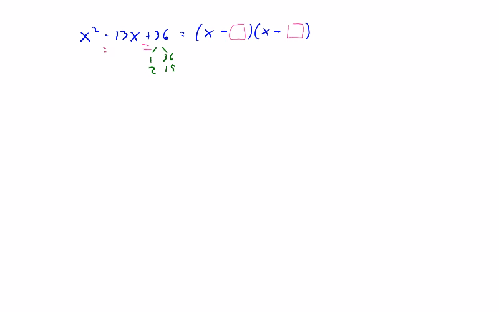We have the possibility of 2 and 18, but negative 2 and negative 18 would be negative 20. We can look at 3 and 12. That still doesn't work because we'll end up with a negative 15 when we do that. Okay, so we can keep on going.